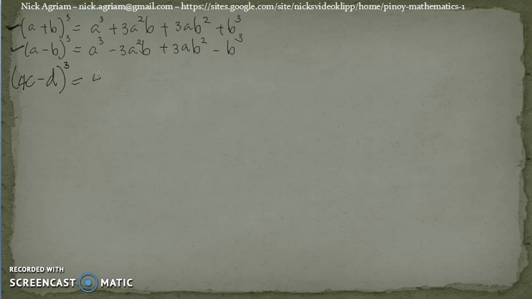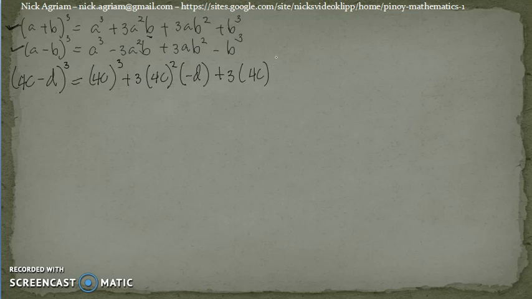So we have (4c) cubed, plus 3 multiplied by (4c) squared multiplied by negative d, because I will consider even the negative. Plus 3 times 4c, and then we have negative d squared, plus we have negative d raised to the power of 3, or the cube of negative d.